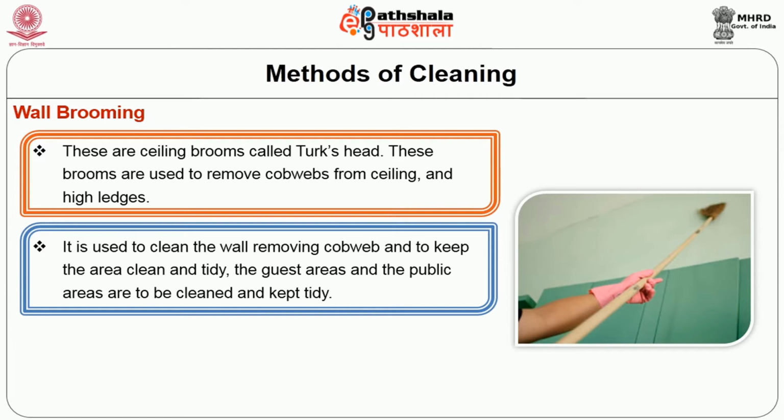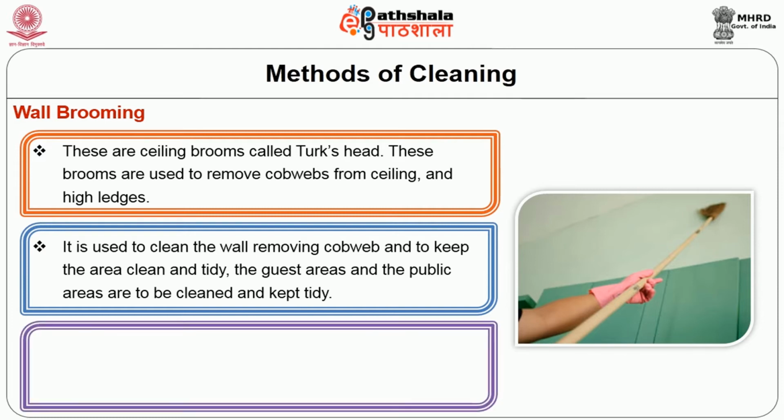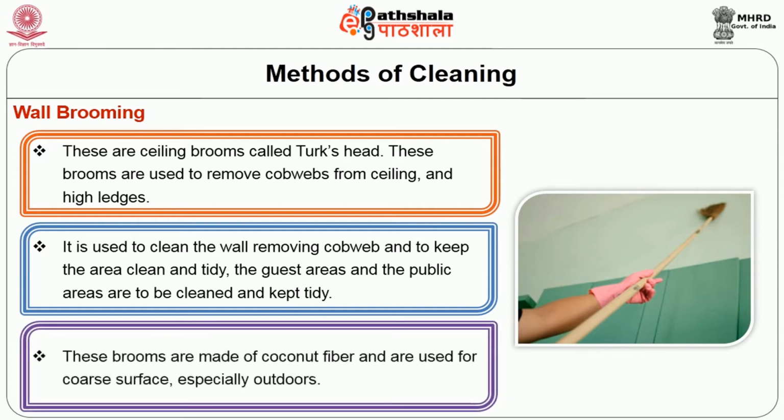The guest areas and the public areas are to be cleaned and should always be kept tidy. These brooms are made of coconut fiber and are used for coarse surfaces, especially in outdoor areas or public areas.